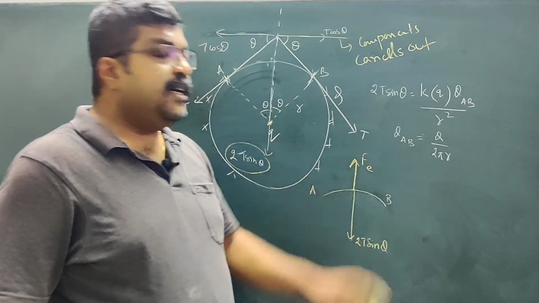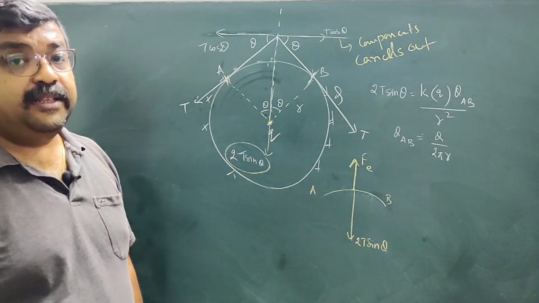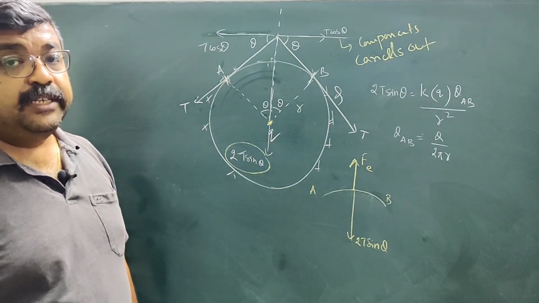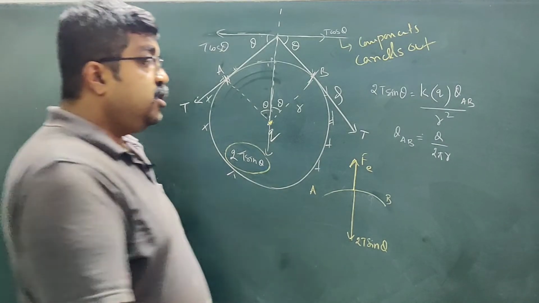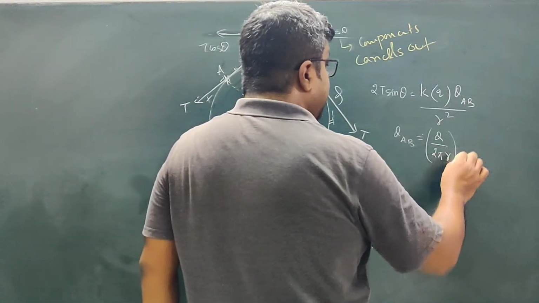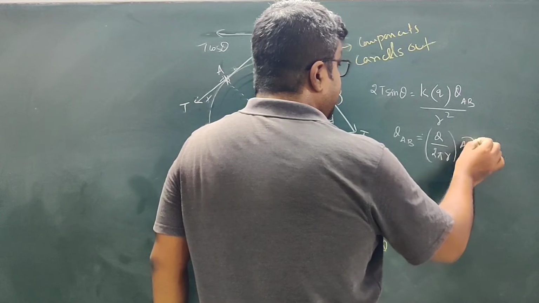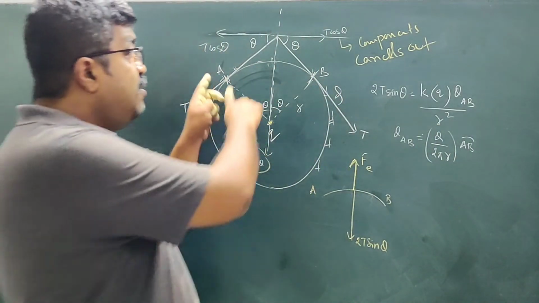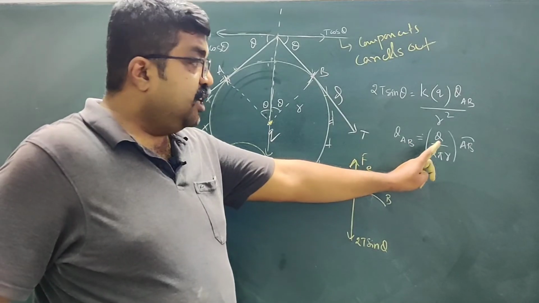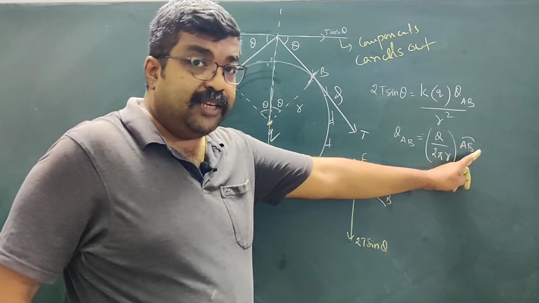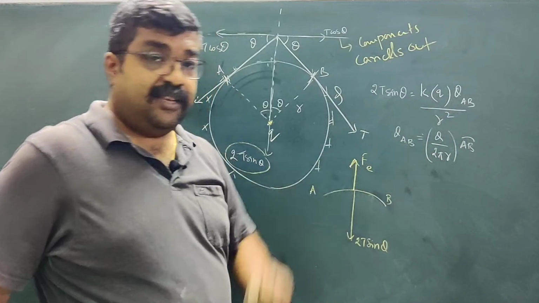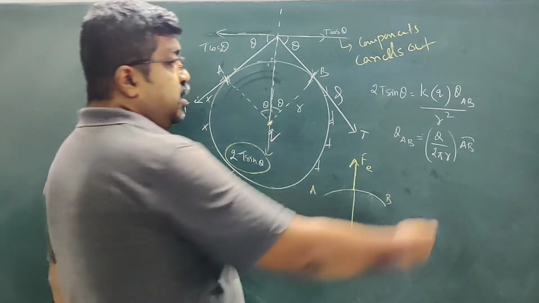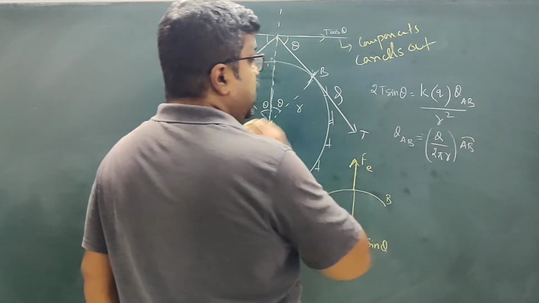So Q by 2πR is the charge per unit length. If I multiply the charge per unit length with the arc length AB, that will be the charge on the segment AB. Charge per unit length into length will give you the charge on the length. So this QAB is this quantity.